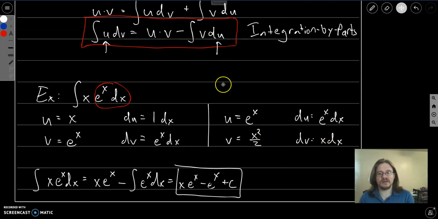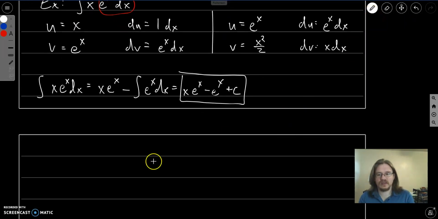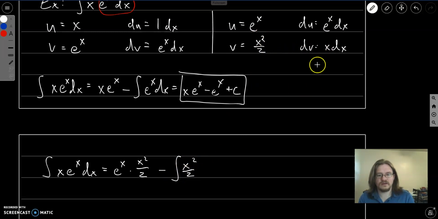So now when I try to plug this into the formula, I'd say that the integral of x e to the x dx is going to be equal to u times v minus the integral of v du.